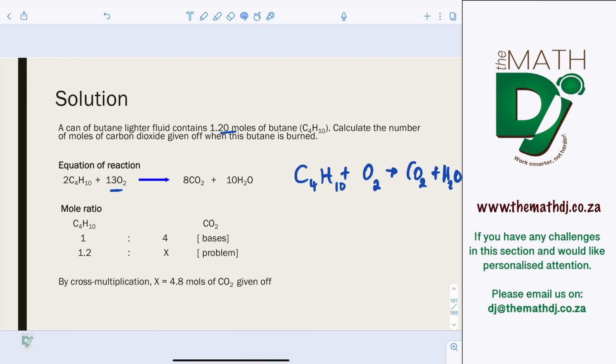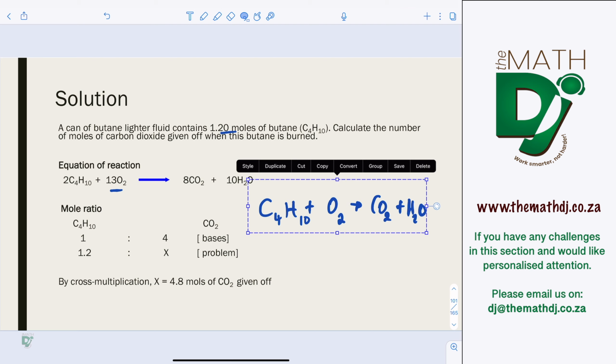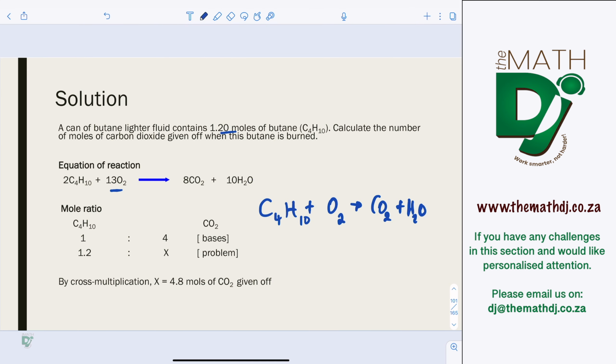Let me move it so that at least it's fine. If you check this side, you see there are 4 carbons here, but on this side there is 1.